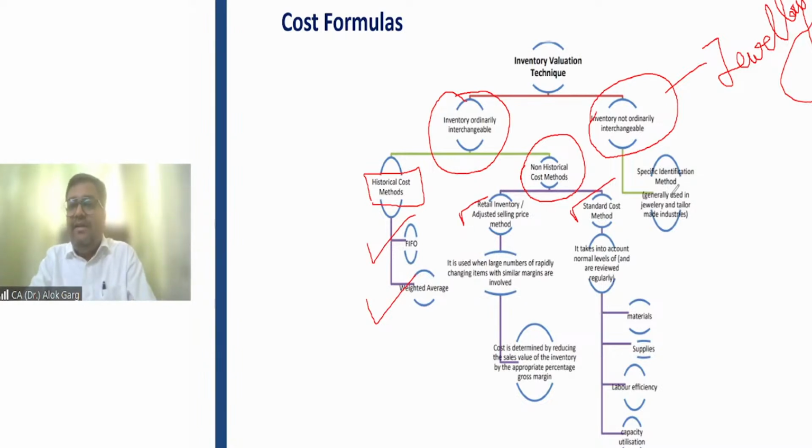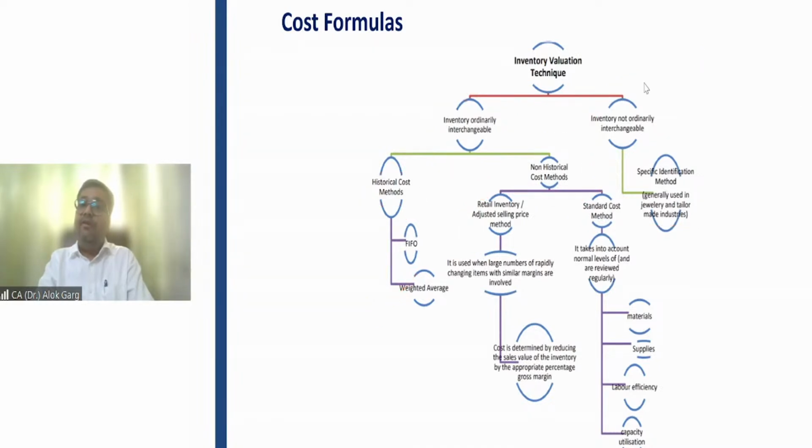Generally used in jewelry and tailor-made industry. Tailor-made means where customized products are sold as per the desire of the customer, right? In that case, you need to go item by item and get the actual value, and that will be the value of your closing stock, your value of stock, right?